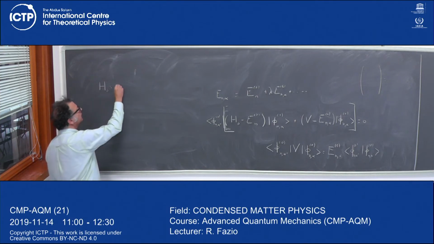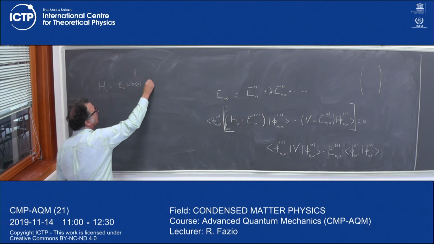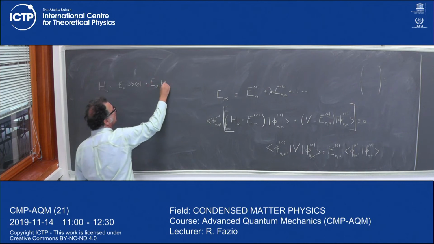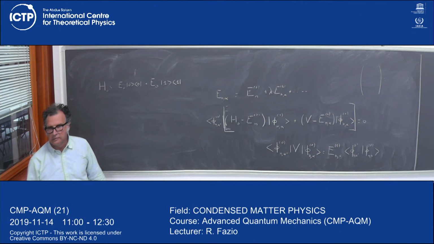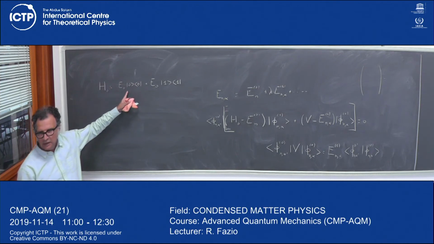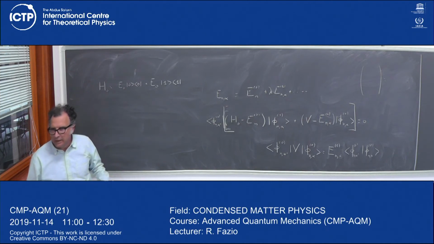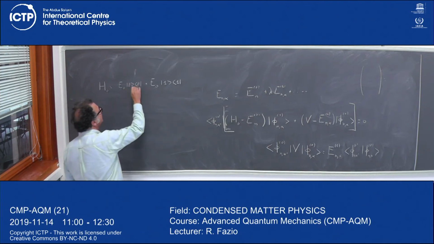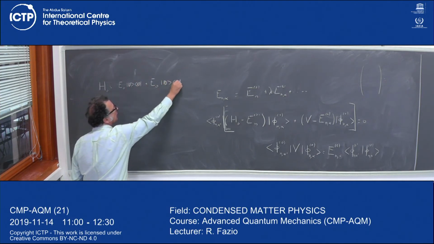So I consider E0 times the projector on 0 plus E0 times the projector on 1. The system can be in two states, either 0 or 1. You can call it whatever: left, right, up, down. It does not matter.